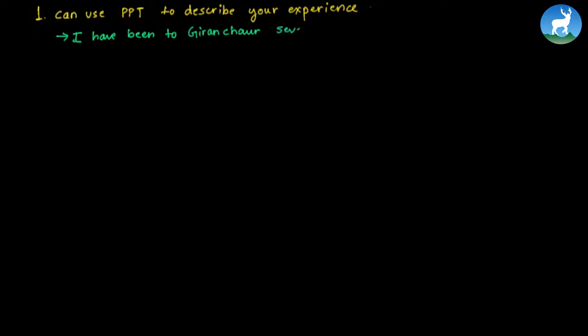The first case: you can use the present perfect tense to describe your experience. Let me take an example. I have been to Girantor several times. This is describing your experience.